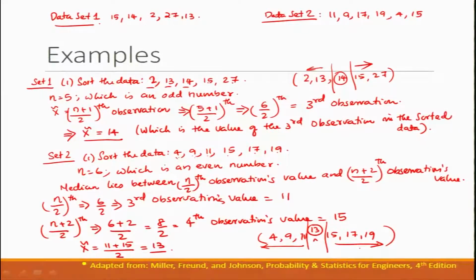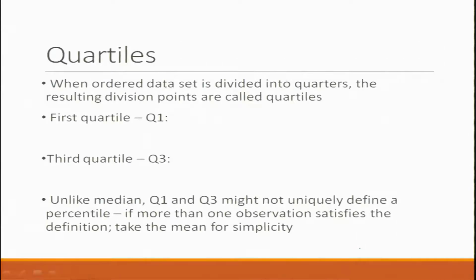Now, once you know how to calculate the median, we can do many more fancy things. First, let us talk about the concept of quartiles. When an ordered data set is divided into quarters, the resulting division points are called quartiles.